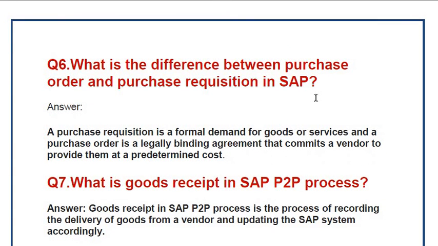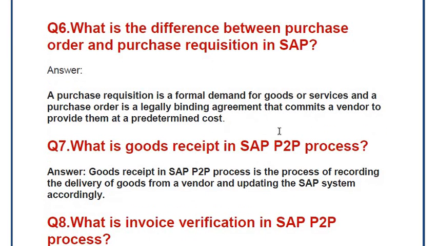A purchase requisition is a formal demand for goods or services, and a purchase order is a legally binding agreement that commits a vendor to provide them at a predetermined cost, right? So basically, a purchase requisition is an internal document, and a purchase order is an external document that will be shared with the vendor on some terms and conditions to supply the goods or services.